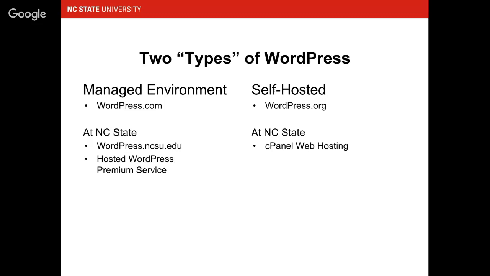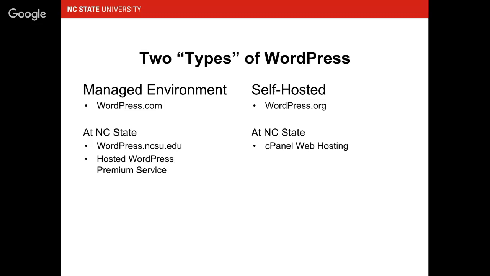WordPress.com is like a lot of other companies like Wix or Squarespace, or I'm blanking on others, but there are 1,000 of them out there, where you can just go and for free sign up for an account and start building a website. And if you want to pay an extra $20 or $50 or something like that, you get extra features, you get your own domain name, things like that. So WordPress.com is an instance of a managed WordPress environment.